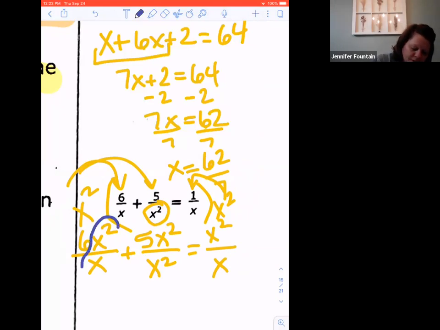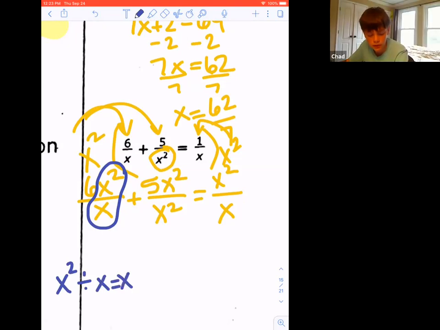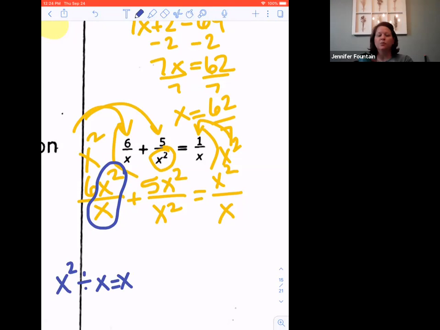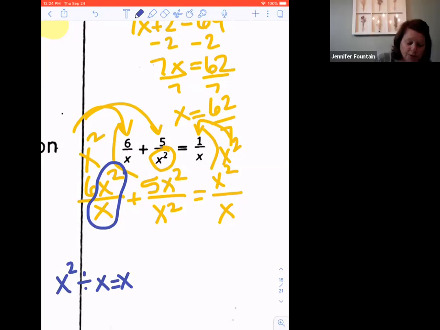Now, I'm doing x squared divided by x. Think about when we were doing this, what do I do with their exponents? When I divide variables with exponents, what do I do? I subtract the exponents.